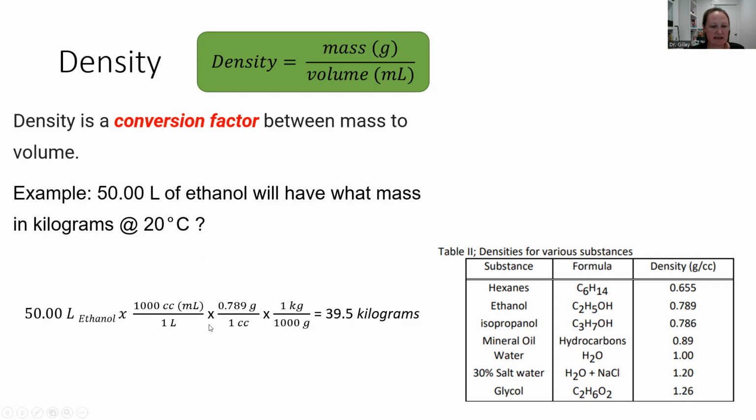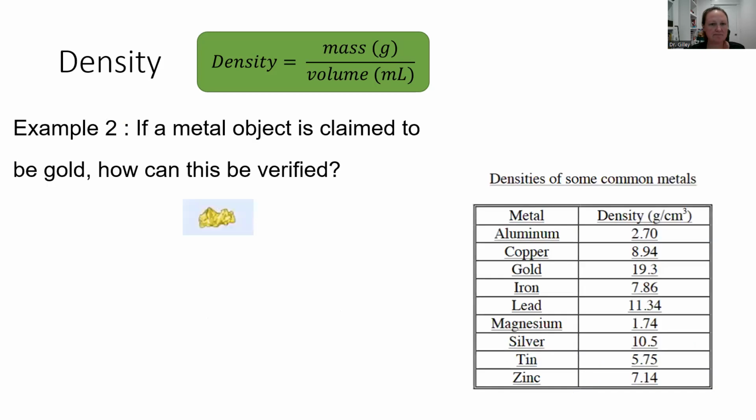I used the density as a conversion factor to convert from cc to grams, and then I converted grams to kilograms so that I would have a number that I didn't have to put into scientific notation because it's a very large number, and I would be worried about getting the right number of significant figures. So it works out to 39.5 kilograms.